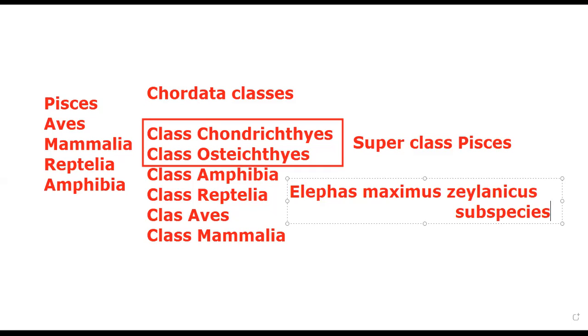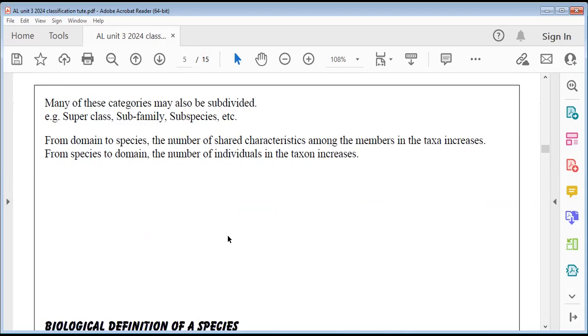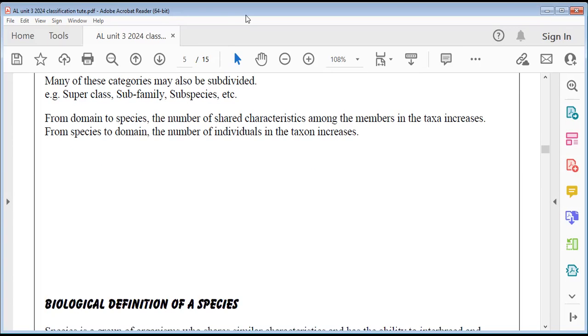Are you clear? Yes, sir. So in some instances super components are there, and in some instances sub components are there. That is one thing you want to know. Thereafter, we are going to mark the hierarchy. You know the hierarchy, correct?